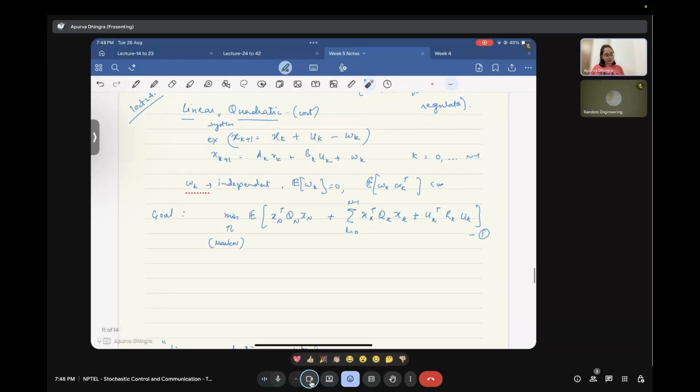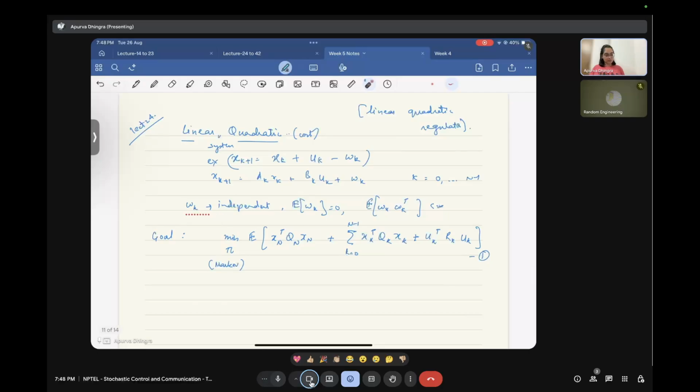And the goal of the problem is the same. Let's say we have a quadratic function now. This is the type of the cost that you're trying to minimize. The form is fixed. It has a quadratic form.